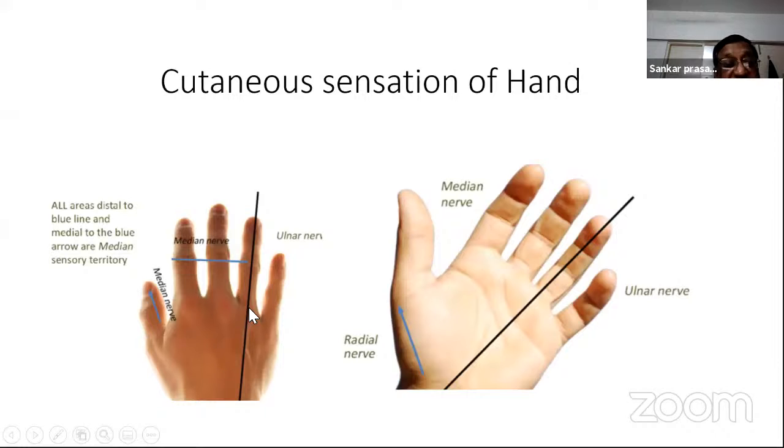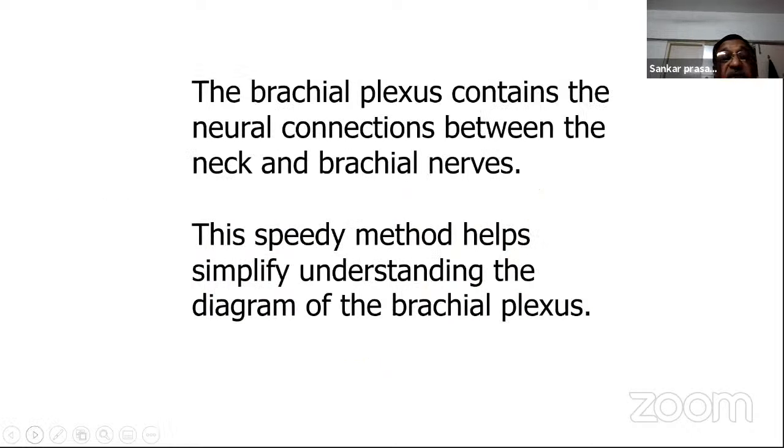The cutaneous sensation is depicted here. All areas distal to the blue line and medial to the blue arrow are median nerve territory. This is distal and this is medial, and this is the ulnar nerve territory. So this is the radial nerve territory. You can remember this by looking at the diagram.